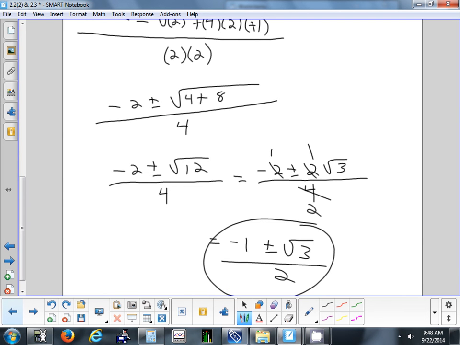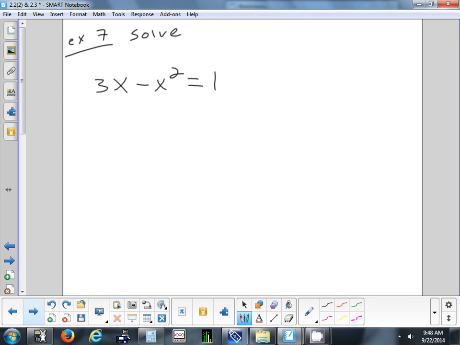Okay, any question on that? All right, last one. I don't want to solve the whole thing. I just want to set it up so that I could use the formula. What do I have to do with this equation to get it in the right setup to then plug in A, B, and C? What do I have to do first? Josh?